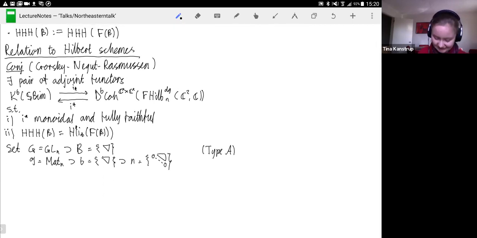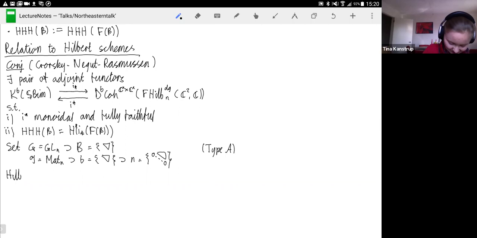Okay, and yes, so the Hilbert scheme, this is what people ideally want. It will appear later. From the Hilbert scheme, I'll tell you what this weird flag Hilbert scheme is.